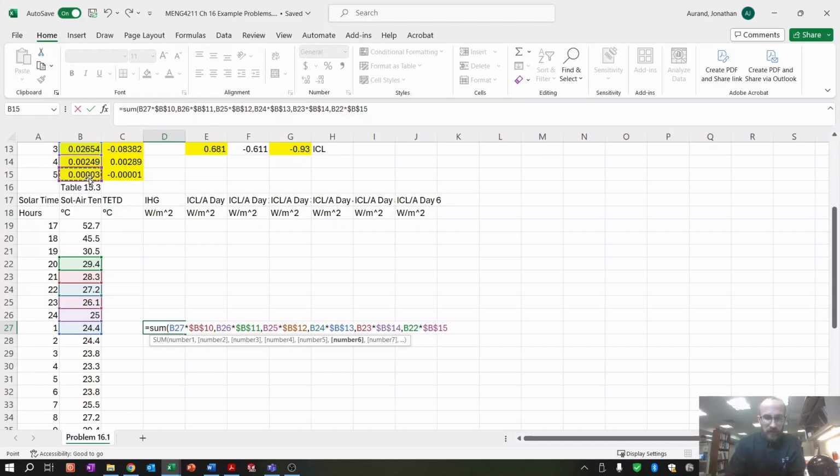Okay, so we have that. So that's the first term of that internal heat gain.